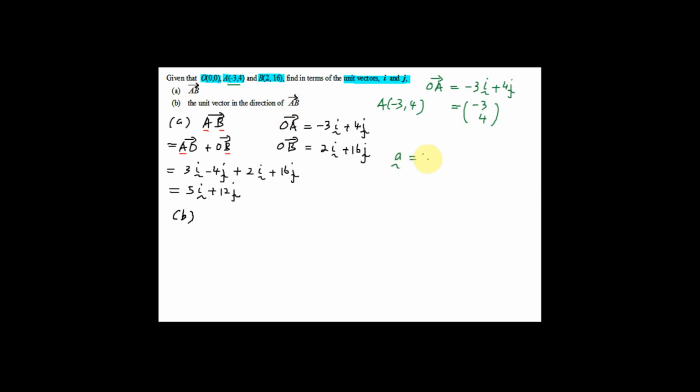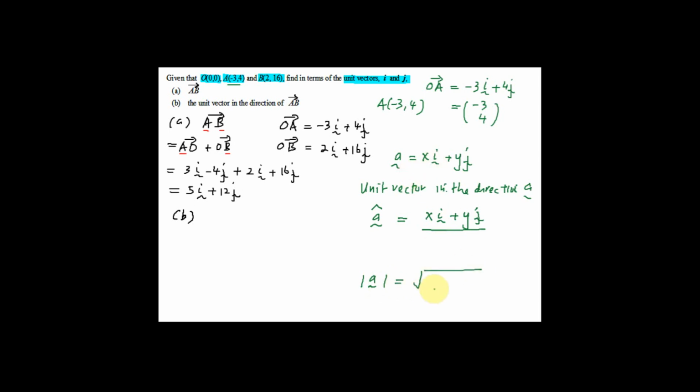If you have a vector which is in terms of i and j, xi plus yj, you can find the unit vector in the direction of A, that is this vector here, A. This equals, this is the symbol, the vector A divided by the modulus of A. Modulus of A is this, the square root of x squared plus y squared. So this equals the unit vector in the direction of A.